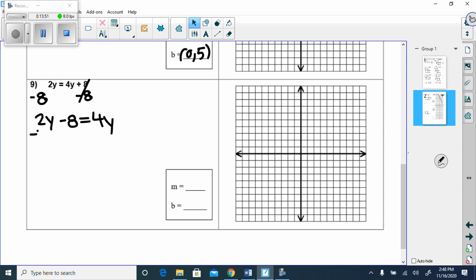Move the 2y. So then I would have negative 8 equals 2y. 4y minus 2y is 2y. Then what would I have to do? Divide by 2. So I end up with y equals, very good.